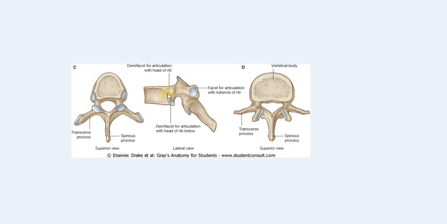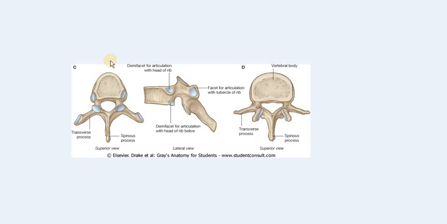These two facets, superior and inferior costal facets, articulate with the head of the rib, while this facet which lies on the transverse process of the thoracic vertebra articulates with the tubercle of the corresponding rib. Means if it is the fifth thoracic vertebra, then this facet articulates with the tubercle of the fifth rib.